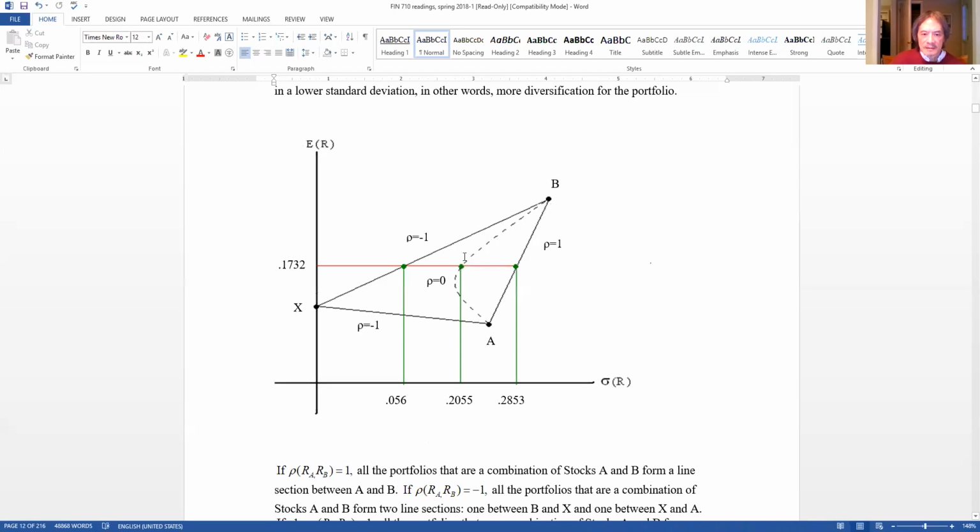This is the curve based on the correlation equals 0. So all the combinations of A and B, all the combinations by the weights, using A and B would form this curve based on expected return and standard deviation of the portfolio.